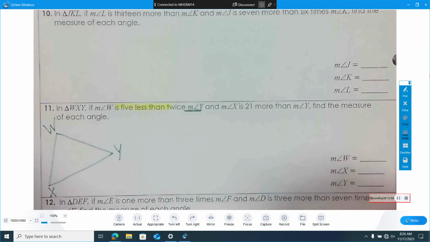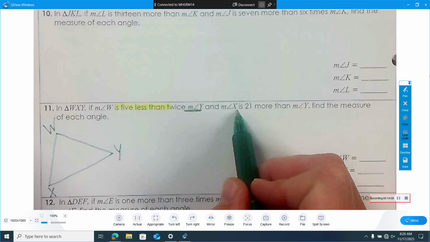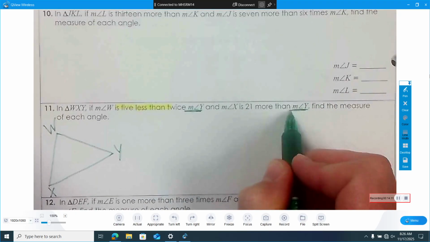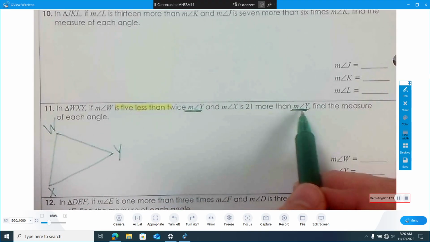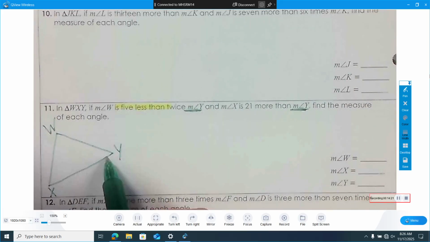They referenced angle Y. What do you suppose you could write for that? This one, the measure of angle X is 21 more than the measure of angle Y. Both of those reference the measure of angle Y. Do we know the measure of angle Y?